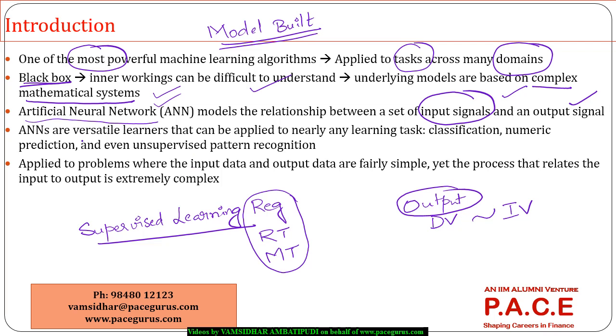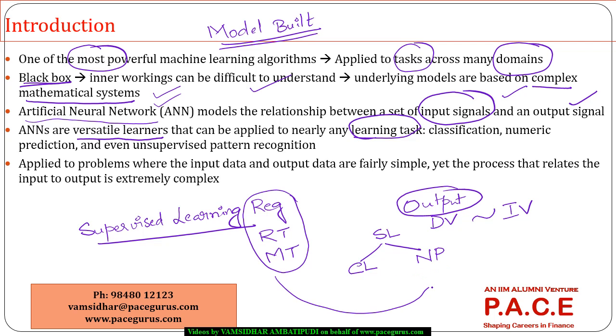When it comes to neural networks, they are very versatile learners. Almost any kind of learning task can be accomplished through neural networks. If you see, in the various sessions I have dealt with so far in supervised learning, we said there are two broad forms: classification models and numerical prediction.